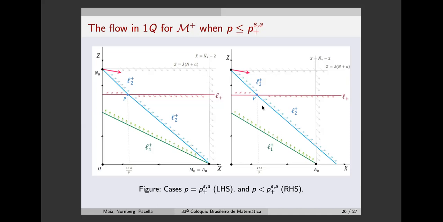And when p is less than p_sa, M0 is going to be in the fourth quadrant and is not going to be a stationary point for positive solutions. Only A0 is a stationary point in these axes. So these are different behaviors of the stationary points depending on p, and were obtained in the proof of this theorem.